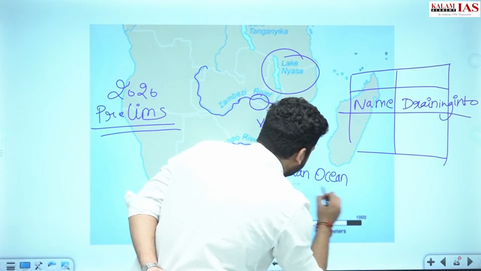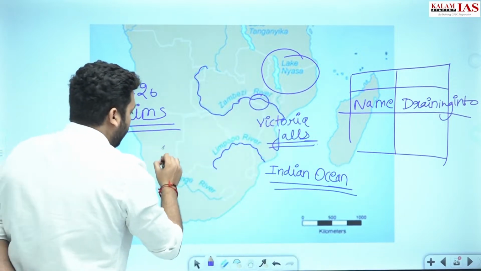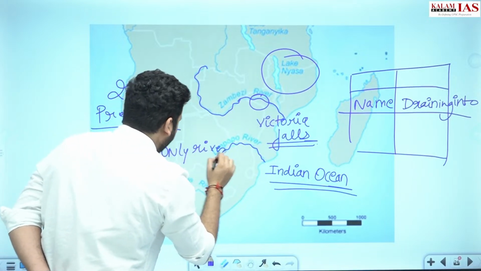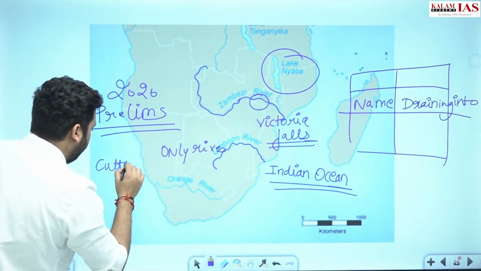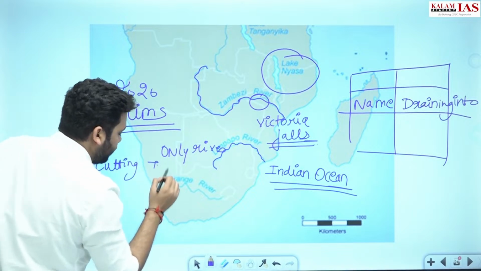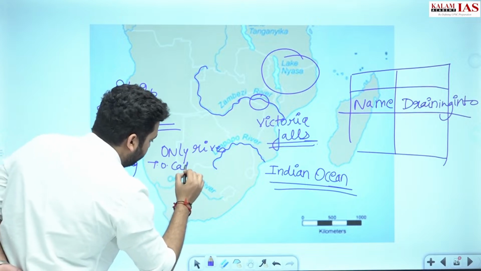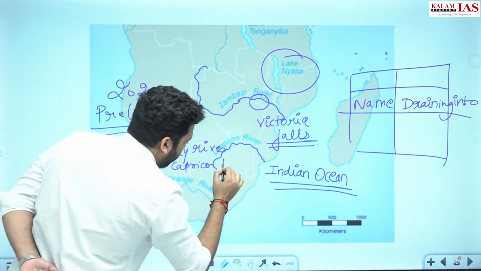The point to remember is it is the only river crossing the Tropic of Capricorn twice.